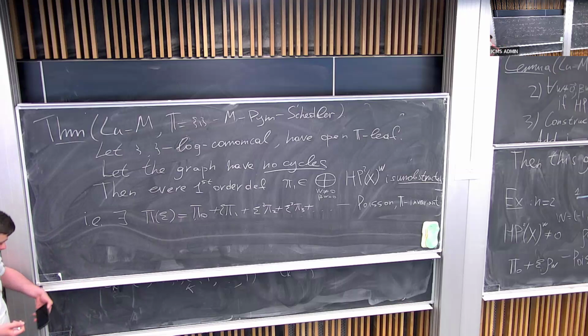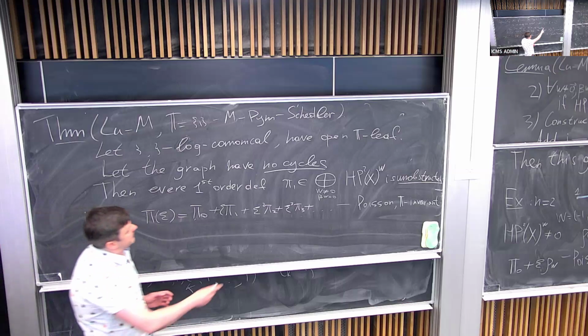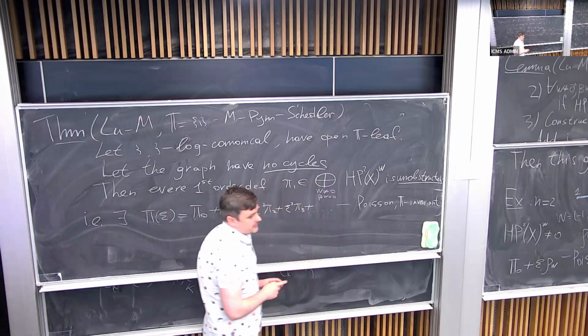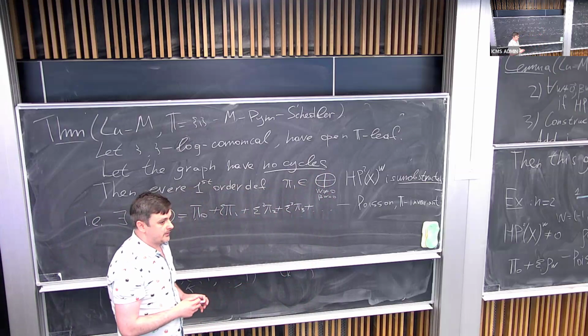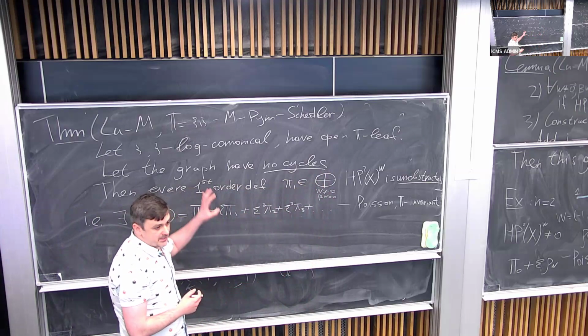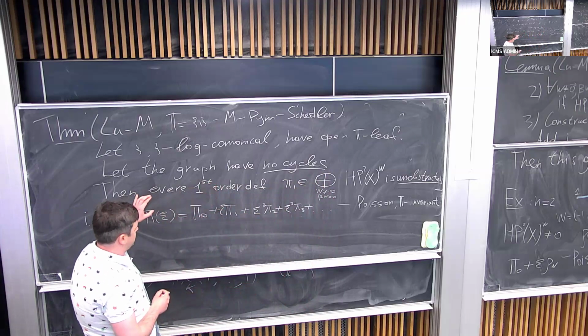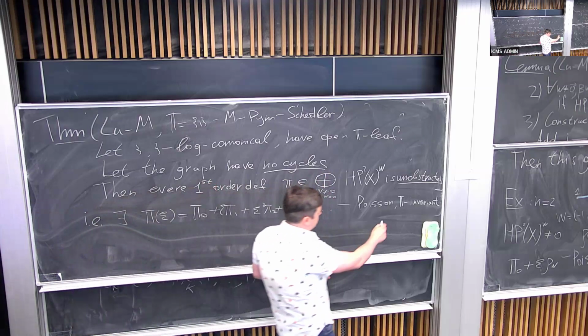Could you repeat once again? So if the torus is trivial, the condition of an open T-leaf just means having an open symplectic leaf. The conclusion of the theorem is the same, except that this part is irrelevant now.